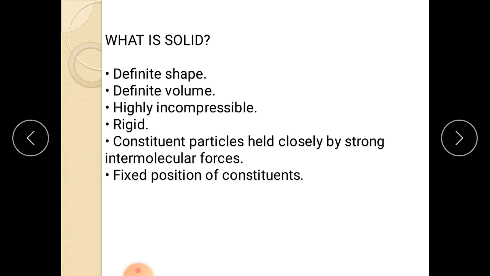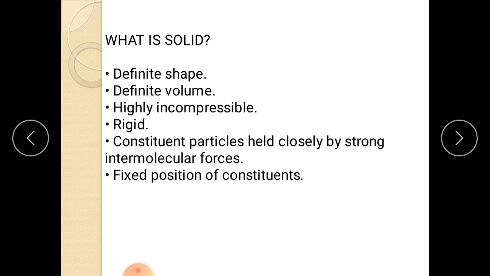So solids have a definite shape, definite volume, are highly incompressible, means they cannot be easily compressed, rigid in nature, cannot be easily modified, constituent particles held closely by strong intermolecular forces, and fixed position of constituents.